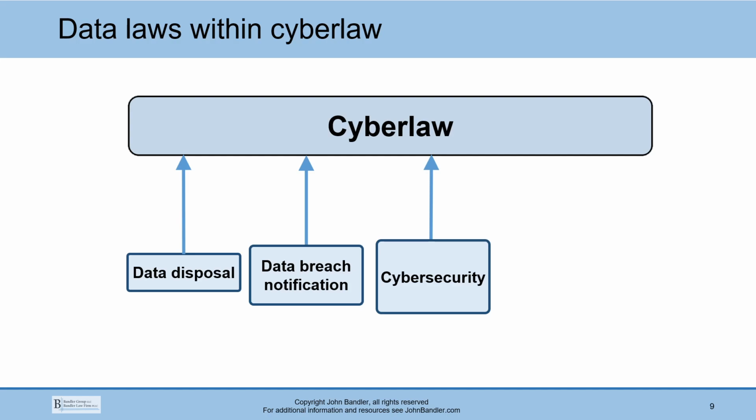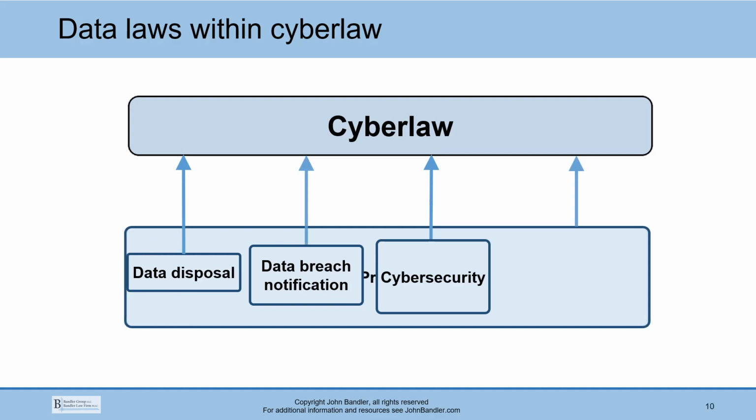Companies holding personal data of consumers may have a cybersecurity law they need to comply with to have some degree of cybersecurity for that personal data. There are privacy laws, giving consumers privacy rights and imposing privacy duties on organizations that collect, store, share, use personal data of consumers. Now, see what I did here with privacy laws? A lot of privacy laws, almost all of them, are going to have these other data law components within them.